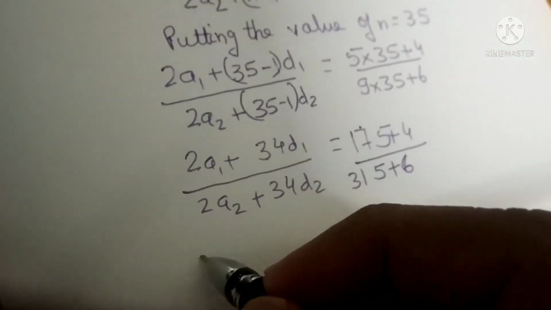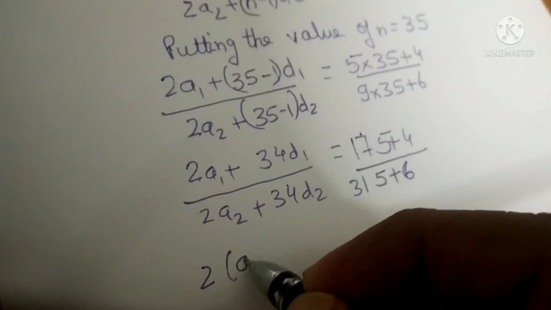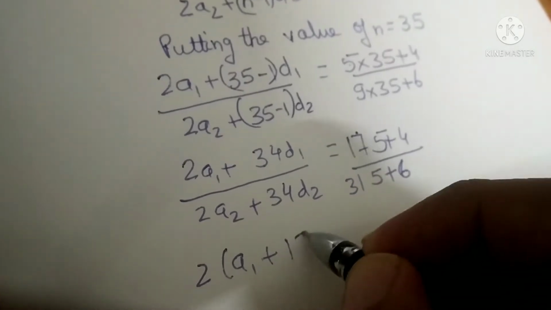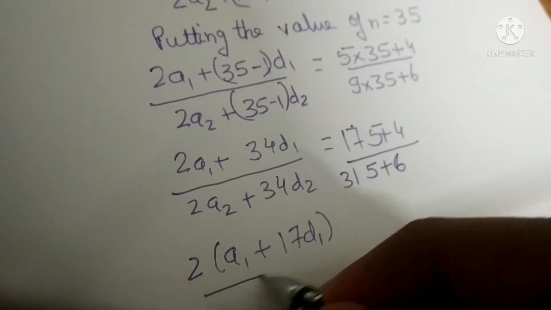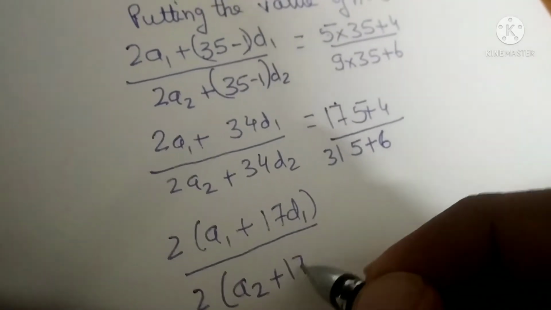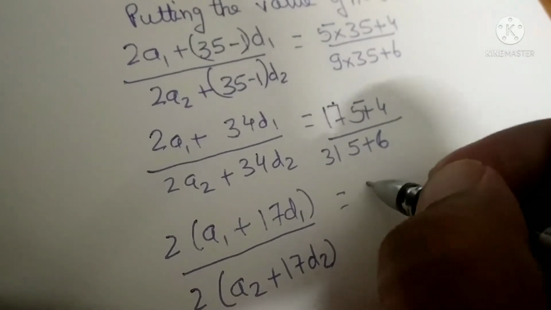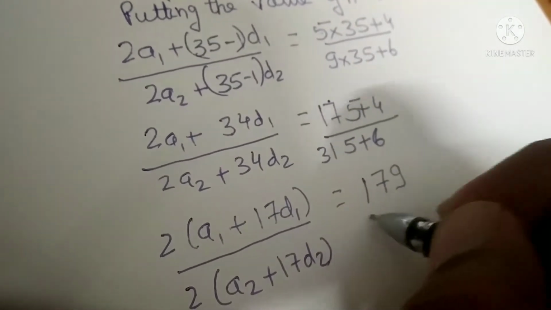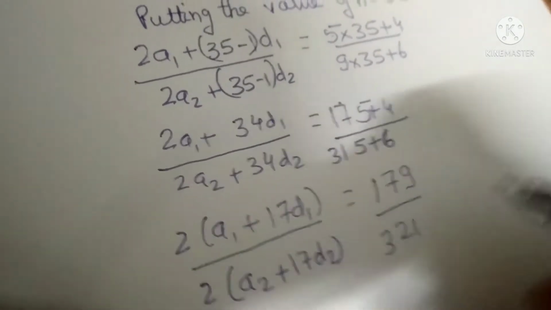Taking 2 common, this becomes a1 plus 17 into d1 divided by a2 plus 17 into d2, which is equal to 179 divided by 321.